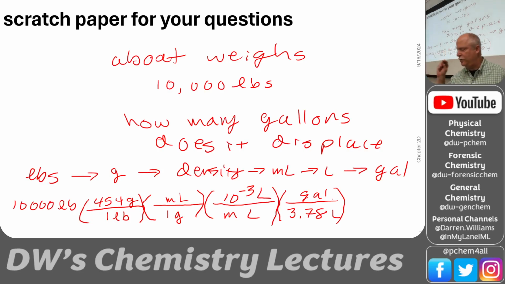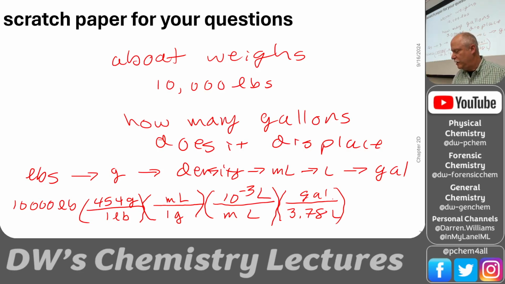Now, if you're doing this on your calculator and you see that 10 to the minus 3, that's where you're going to screw it up. So when you see 10 to the minus 3, you can divide by 1,000. Okay? Because that's probably less prone to error than trying to figure out how to multiply by 10 to the minus 3.